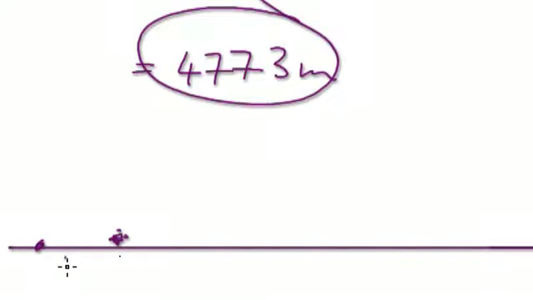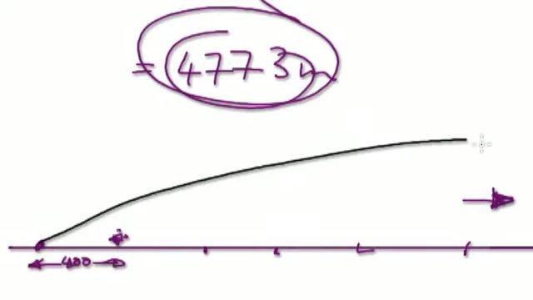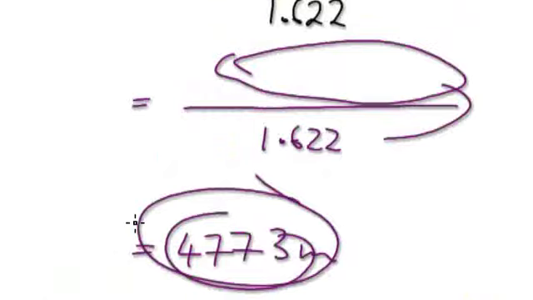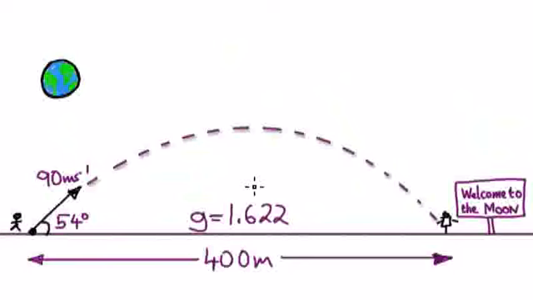This is 400 here, and if this is 400, 800 would be around here, and so on. Well, this distance here, 4,773 meters, is miles over the other side, in this direction. So what we've done is we fired the cannonball, and it's gone something like this. We missed the target by miles. So the answer to this question is we didn't hit our target here.